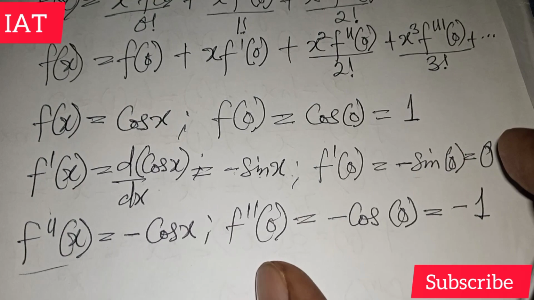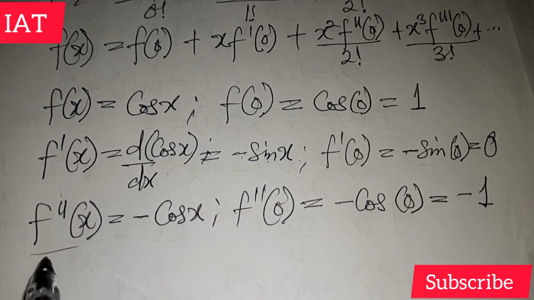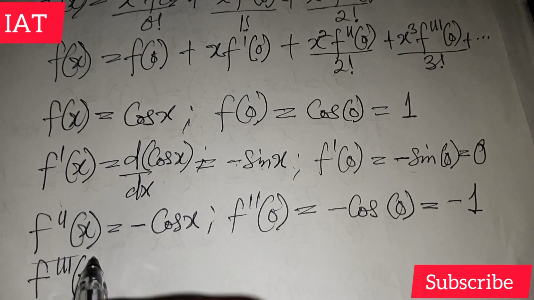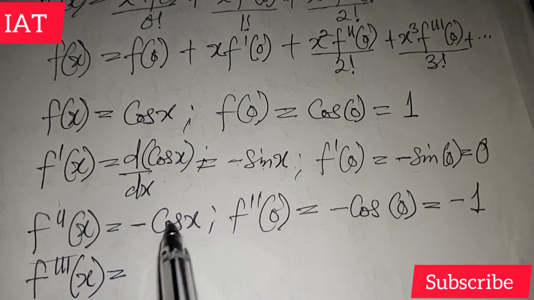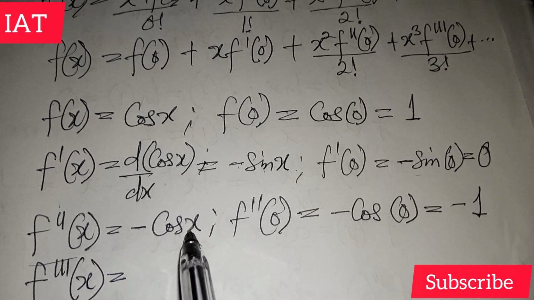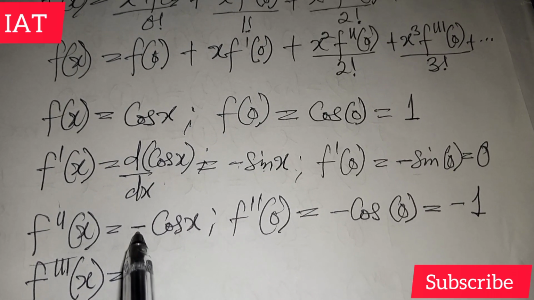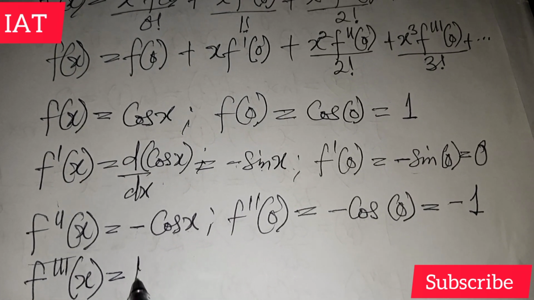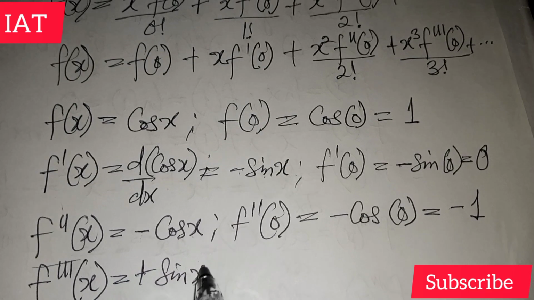Alright, let's keep making good progress. At this point, we want to check for the third derivative of x. And that means we should differentiate this. If you differentiate cos x, that will give you minus sine x. So we need to affect this minus to change the process to be plus sine x.